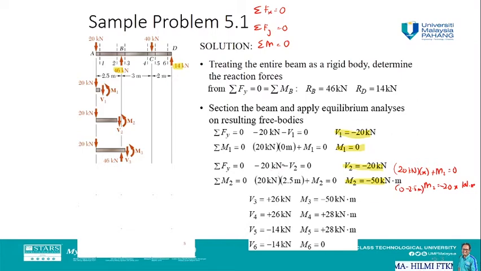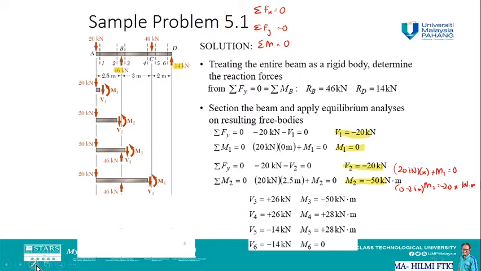Next we are going to proceed with the next part, from the point exactly after B to the point exactly before C. So this is V4. We are going to get the same shear force as V3, 26.